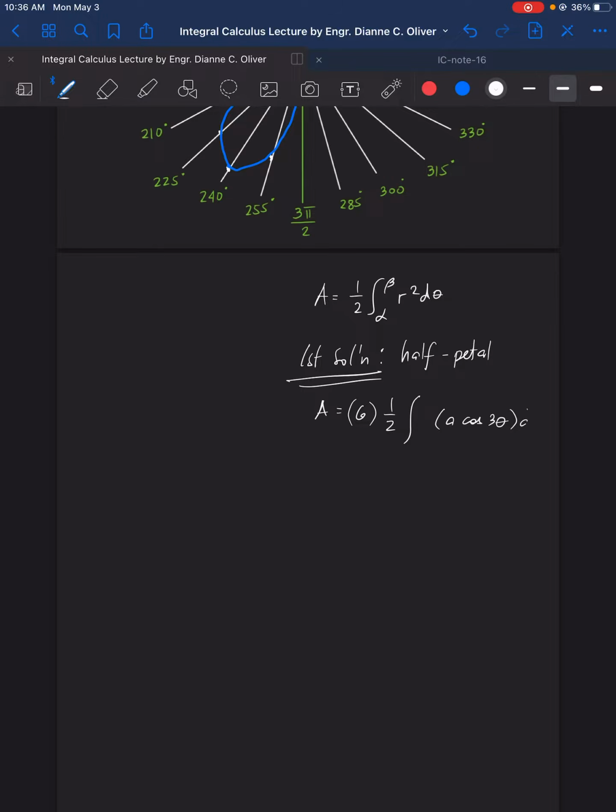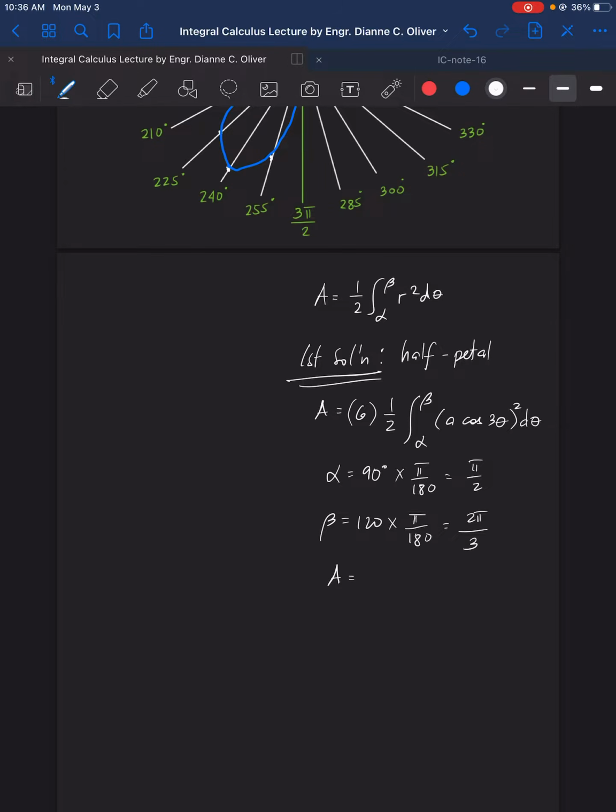So a cosine 3 theta, d theta squared, and alpha to beta. Let's get the value for alpha. Our alpha is 90 degrees, as I pointed out earlier. Times pi over 180, this becomes pi over 2. For the beta, we have 120 times pi over 180. That is equal to 2 pi over 3.